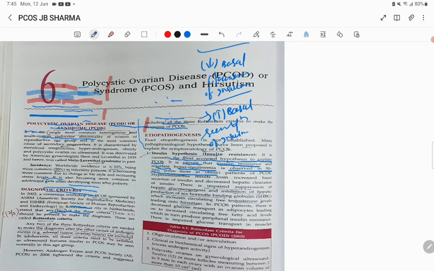How does this hyperinsulinemia occur in PCOS patients? Two things: increased secretion and decreased clearance of insulin.